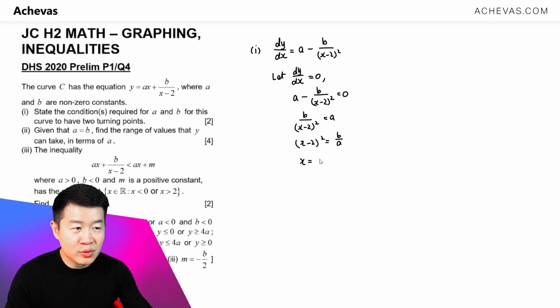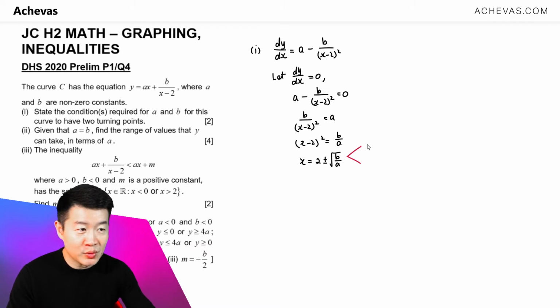So x is going to be equal to 2 plus or minus square root of b over a, which means that we are expecting two possible x coordinates that will cause dy dx to be equal to 0. The two possible x coordinates are 2 minus square root of b over a, and the other one is 2 plus square root of b over a.